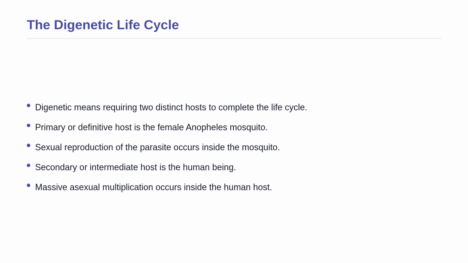The primary, or definitive host, is the female Anopheles mosquito. This is where the parasite undergoes its sexual reproduction phase. On the other hand, the secondary, or intermediate host, is the human being. Inside the human, the parasite undergoes massive asexual multiplication to rapidly build up its numbers before moving on.